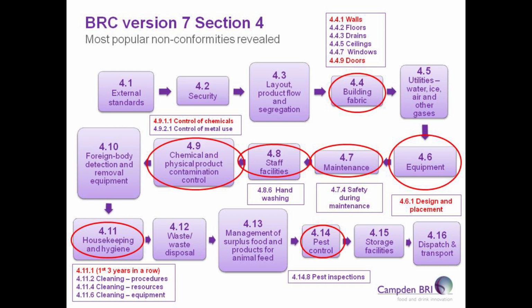Equipment, design and placement, hygiene and housekeeping, and we've seen that 4.11.1 has been number 1 of non-conformities 3 years in a row, but also 4.11.2 procedures, but also the resources, 4.11.4, and the actual cleaning of the equipment, 4.11.6. And then pest control, 4.14.8.